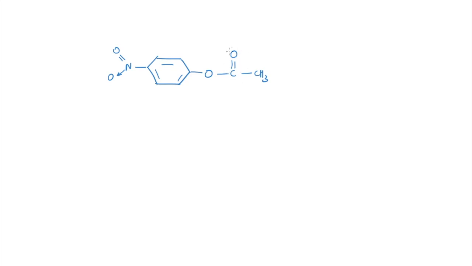Now talking about the carbonyl frequency, that's what has been asked. The carbonyl stretching for aliphatic esters is around 1750 to 1735 centimeters inverse. That's the range for aliphatic esters. Then you know that a carbonyl conjugated to the aromatic ring gives a peak at a little lower value.